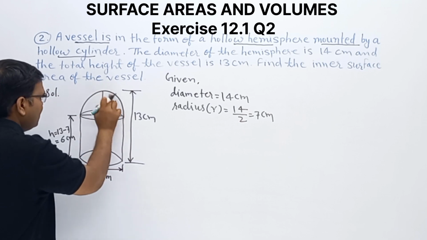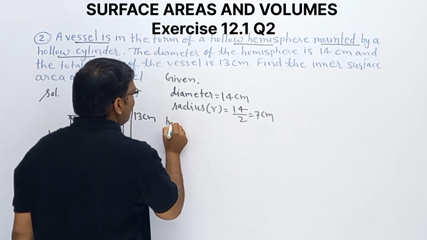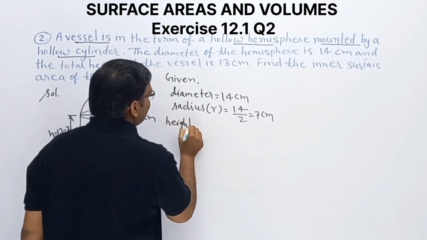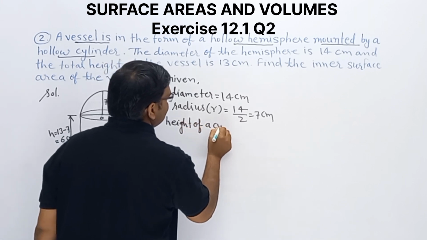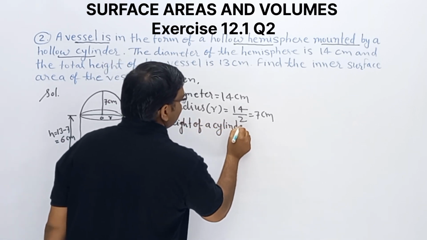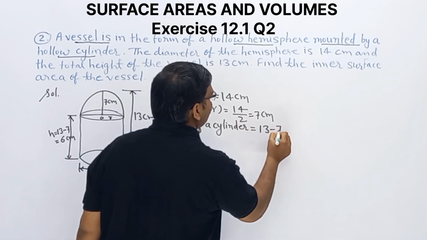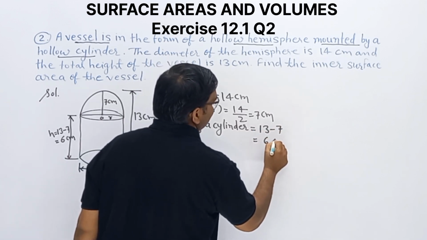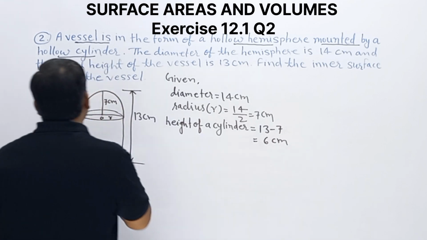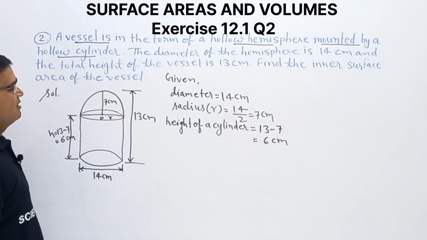So the height of the cylinder equals the total height 13 minus 7, which is 6 centimeter.